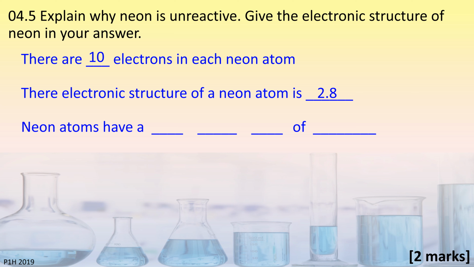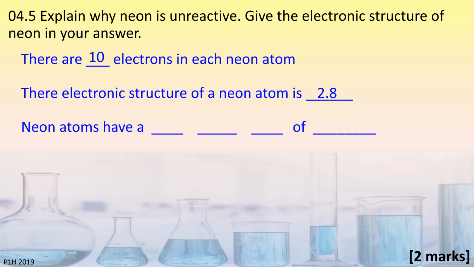If we take a look next at the electronic structure, that would be 2 in the first shell and 8 in the second shell. So the electrons fill the shells until they move on to the next one. So 2 in the first shell, then we move on to the second shell, 8, and that gives us a total of 10 electrons.